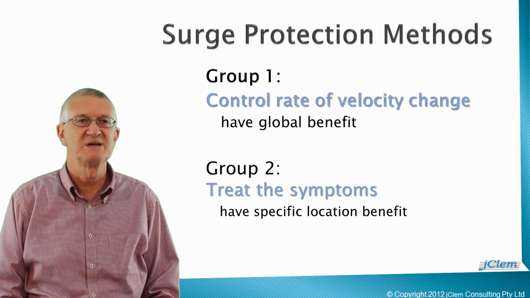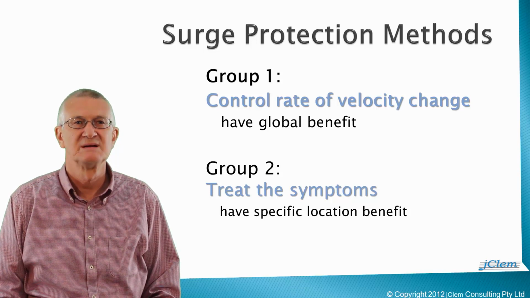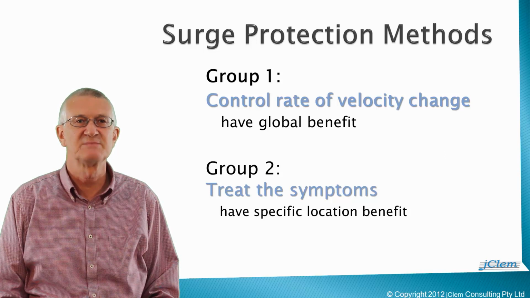The methods can be divided into two groups. Those which aim to directly control the rate of velocity change, the cause of surges, and those which only treat the symptoms. When developing surge protection for a system, you may find it helpful to start looking for solutions which target the cause of surges, the rate of velocity change, rather than solutions that just treat the symptoms of high head or low head.